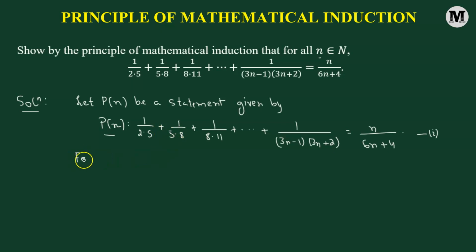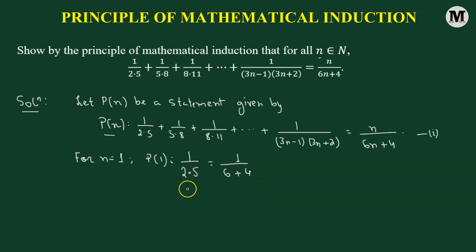First we will check the validity of the statement by taking the first natural number, n equals 1. In that case, we get P of 1, where we only have to consider the first term, 1 over 2 multiplied by 5, since n equals 1 corresponds to the first term. This is equal to n over 6n plus 4, so we replace n with 1: 1 divided by 6 times 1, that's 6, plus 4.